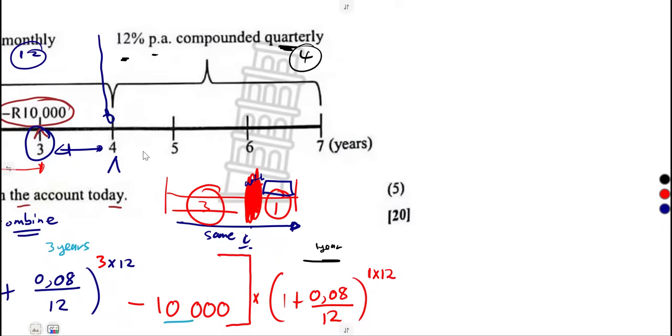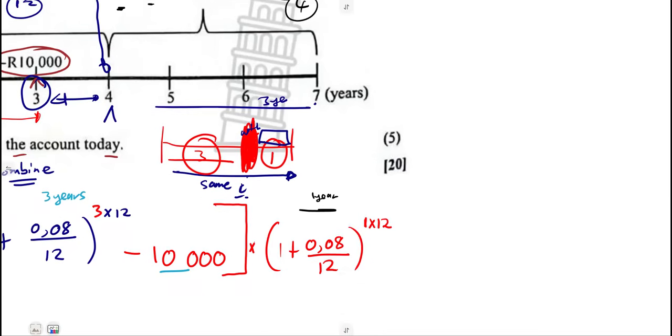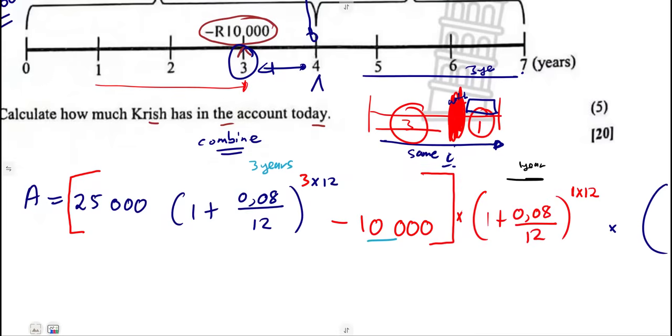So for the remaining number of years, 7 minus the 3 years that we are having at the end, there is a certain compounding that is to be used. So we must consider a compounding for those 3 years. This money that we are having here is to be compounded.